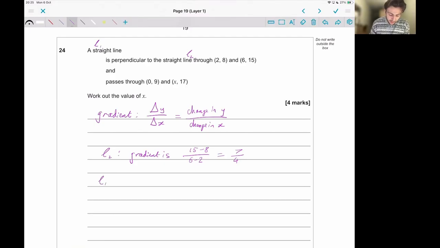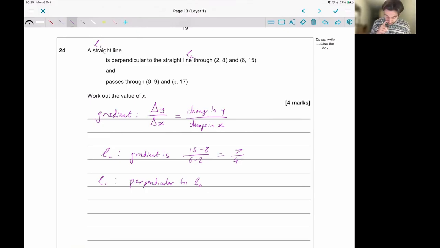And we're told L1 is perpendicular to L2. Now, what does it mean for two lines to be perpendicular? Well, if two lines are perpendicular, they meet at a right angle. What do we know about the gradients of two lines that are perpendicular? The gradients of two lines that are perpendicular will multiply to make -1.